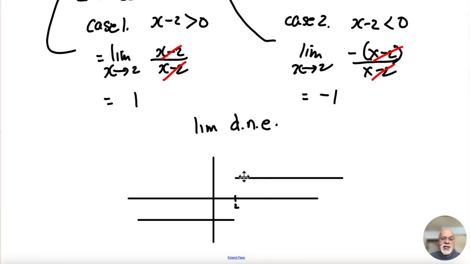And so you can see that as we're approaching 2 from the left-hand side, the limit is 1. But if we're approaching 2 from the right-hand side, sorry, from the left-hand side, the first one, from the right-hand side, this one's -1. And so this is what this function looks like. And so as the function is approaching 2, the two one-sided limits are different. And that's what we saw when we did the algebra there. Okay, so that's why the limit doesn't exist.